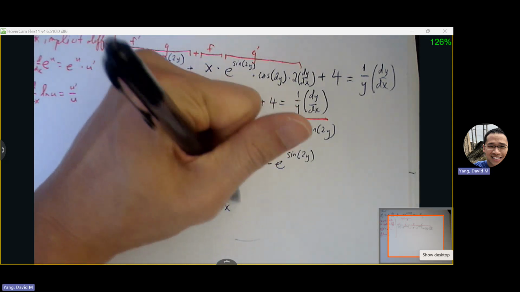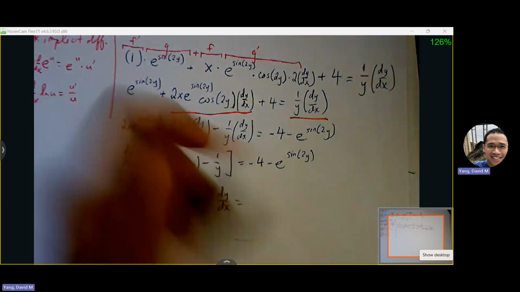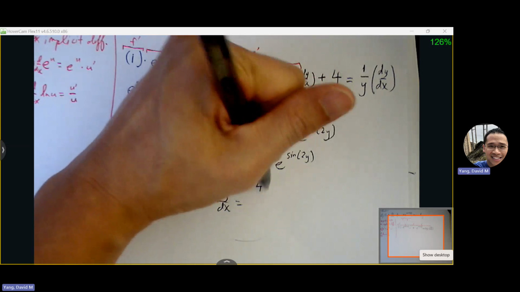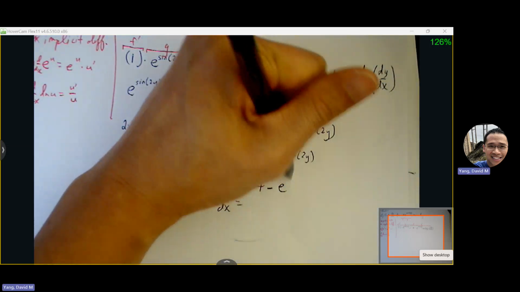I think on my key, I try to collapse the complex fraction, but you don't have to. As long as you have the dy dx by itself, that's good enough.